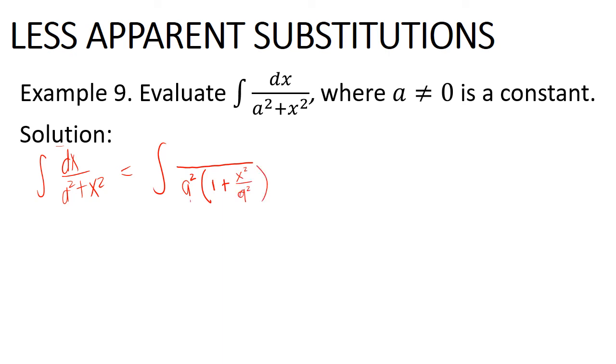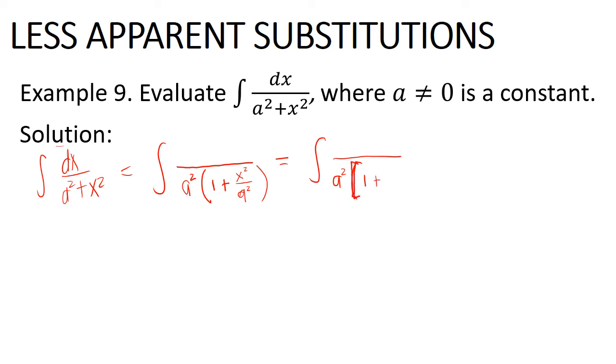Ibig sabihin, pag dinistribute mo ito, babalik ka pa rin dito sa original formula natin. Tama naman, di ba? Babalik ka sa a squared plus x squared. Okay. Pwede kong i-simplify yung baba by laws of exponent.